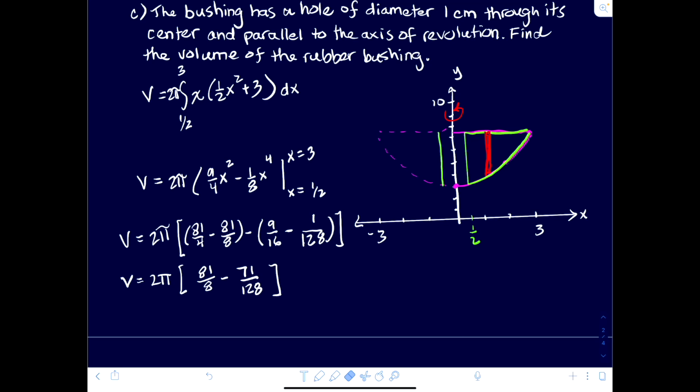But since I started the common denominator, I shall finish, I promise. The common denominator would be 8 times 16, right? So we would have 81 times 16 is 1296. So the volume is 2 pi times 1296 minus 71, all over 128.